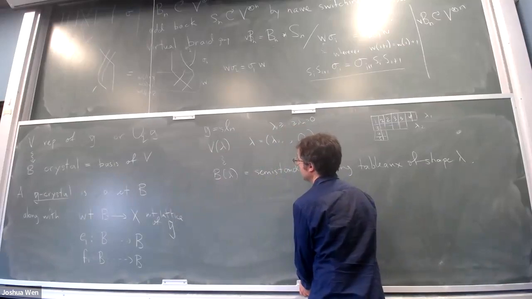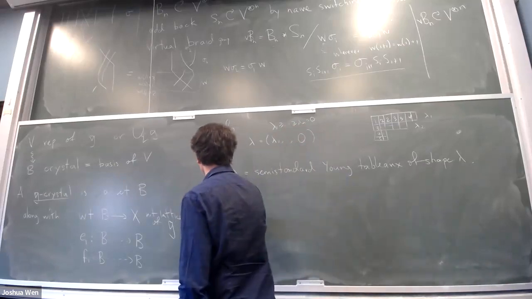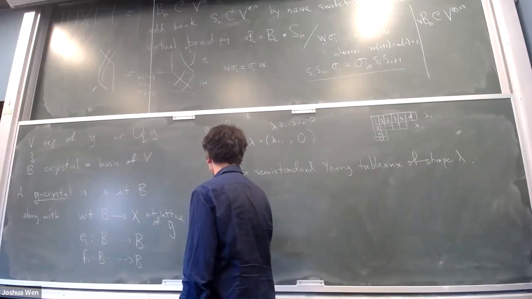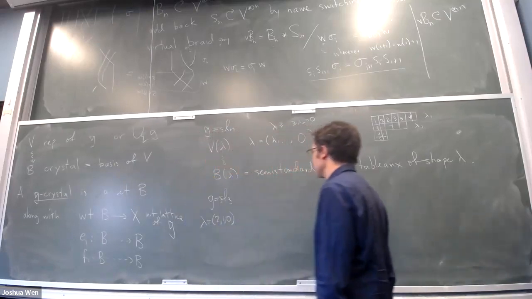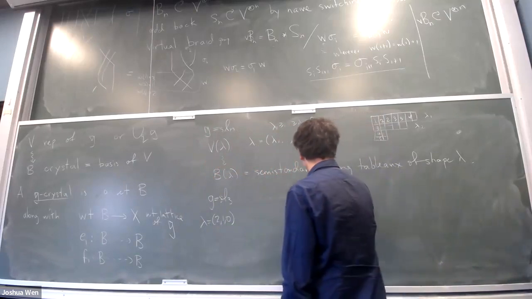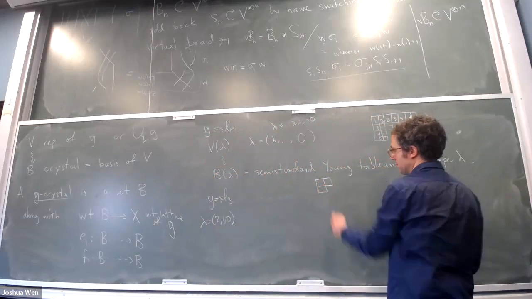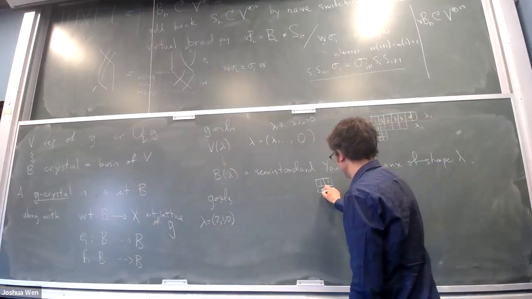Let me show you an example. For my example, I take G to be SL_3, lambda to be (2,1,0), that corresponds to the adjoint representation of SL_3. So I consider a tableau of this shape, 2 boxes and 1 box. And here they are.